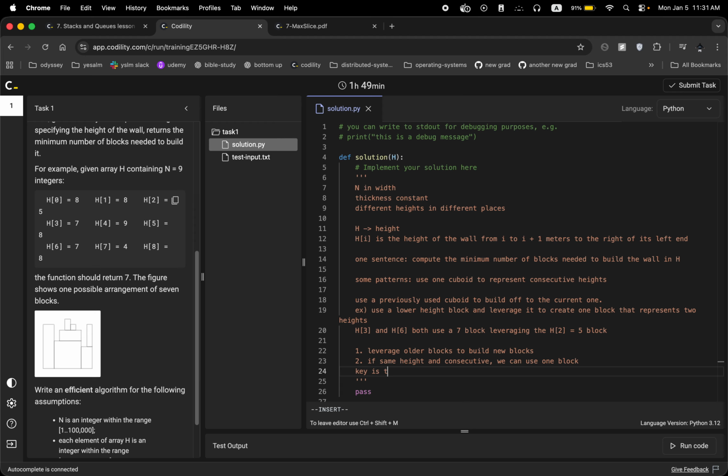So the key is using one block to represent more than one height. That's the key.